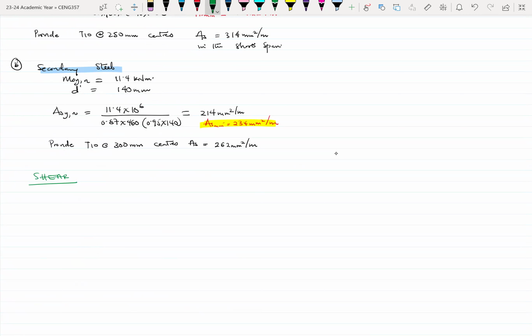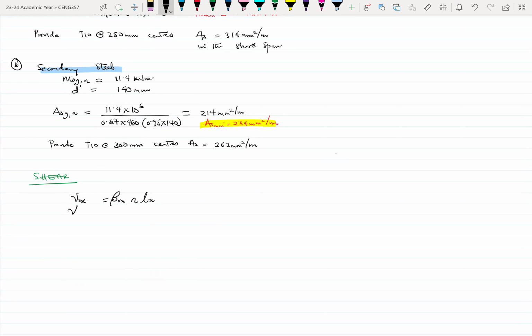We also have a table which we can use to do shear design. The maximum shear force VSX is equal to a coefficient for the shear, beta Vx, times n times lx.